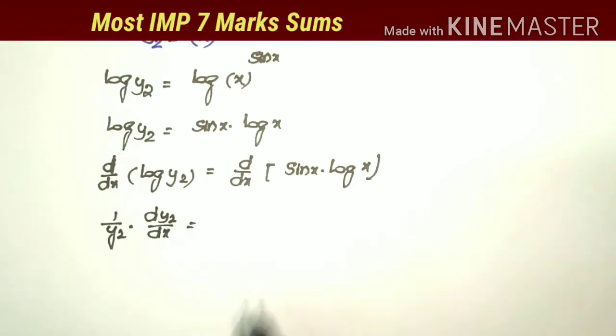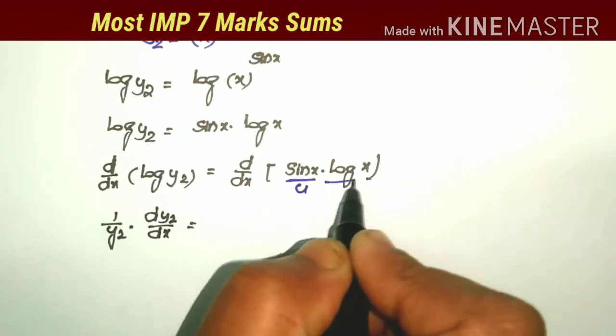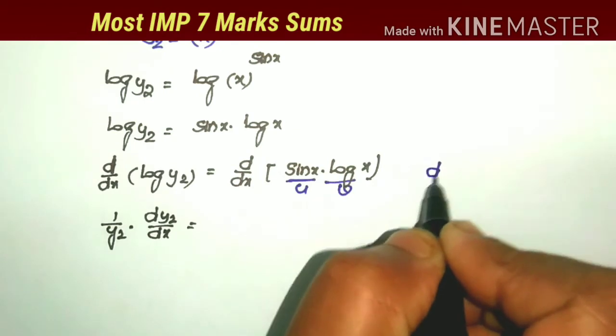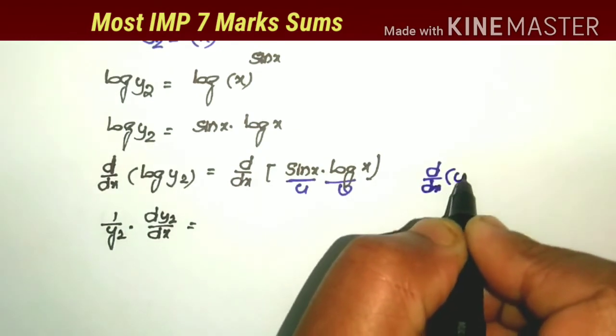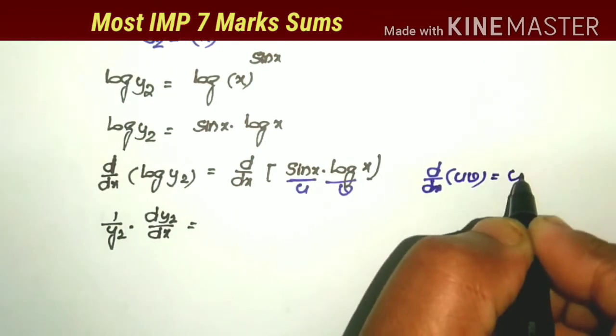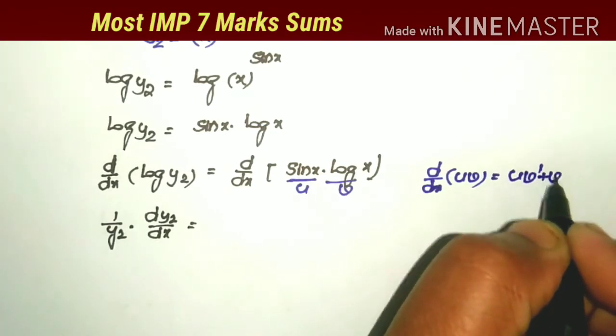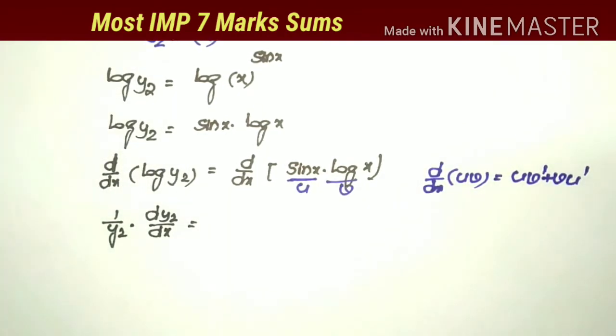Again this is in the form of uv. Again applying the uv rule formula. What is the uv rule formula? d by dx of uv is equal to u into v dash plus v into u dash. Just applying that formula here also.